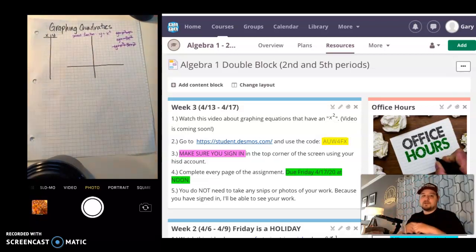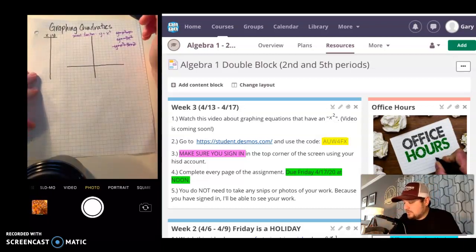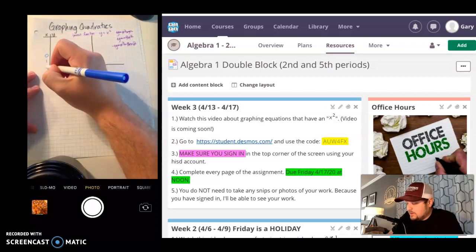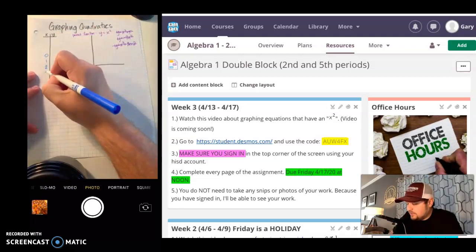So, graphing a quadratic. The way that we should start is just by plugging in some points. We're thinking about this function y is equal to x squared, so I'm going to start by looking at some points like 0, 1, 2, and 3.